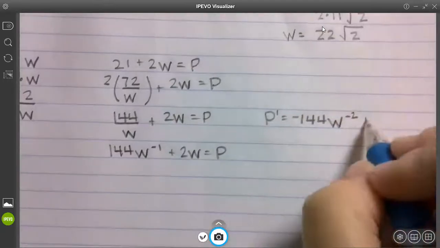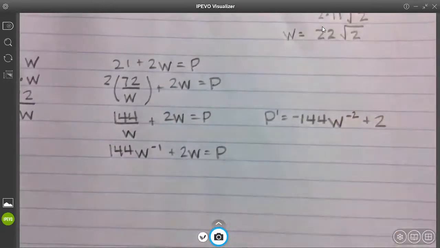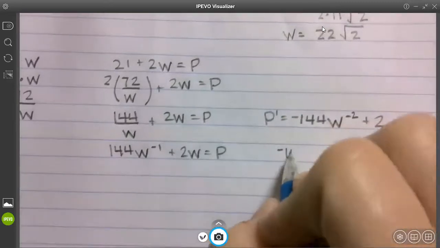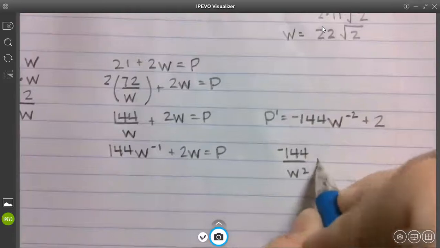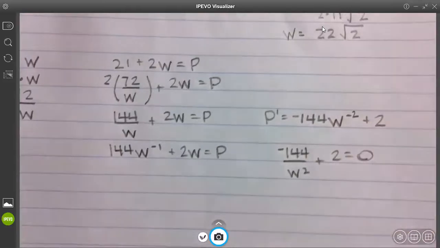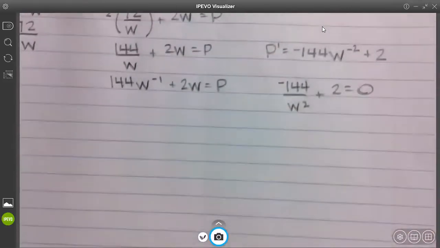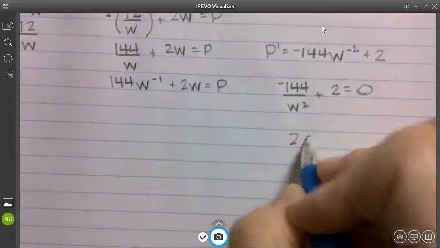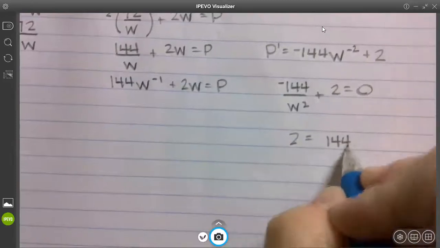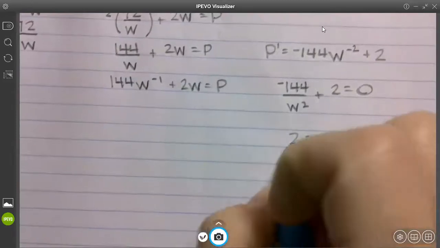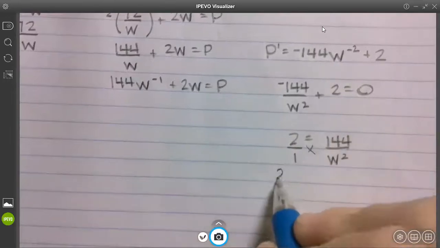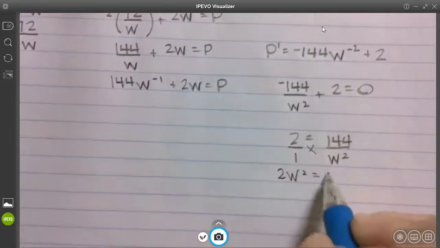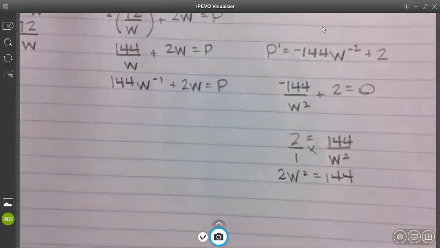And then the derivative of 2W is just 2. You're going to take that and set it equal to 0. So -144, we'll go ahead and put the W on the bottom, plus 2 equals 0. Just like the last one, move your 144 over and cross multiply. So we get 2W squared equals 144.